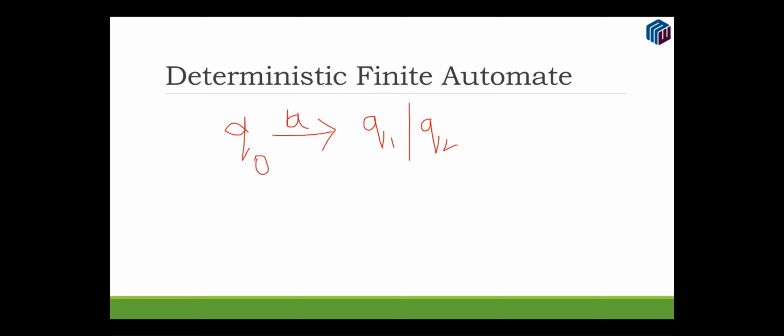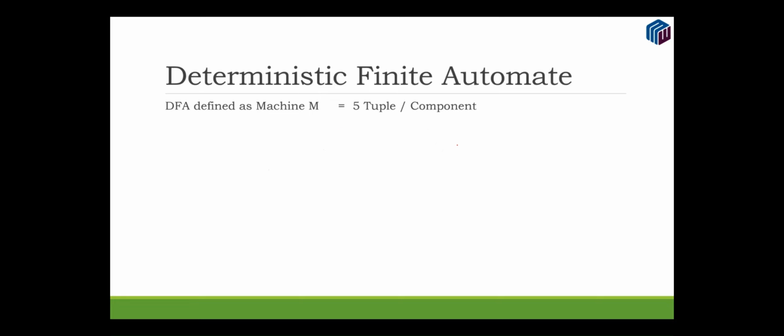How is it defined in a mathematical way? DFA is defined as a machine M. M contains five tuples or components. That is Q, Sigma, Delta, Q naught, F. Here the capital Q represents a non-empty set of states. That is, Q must contain some states.